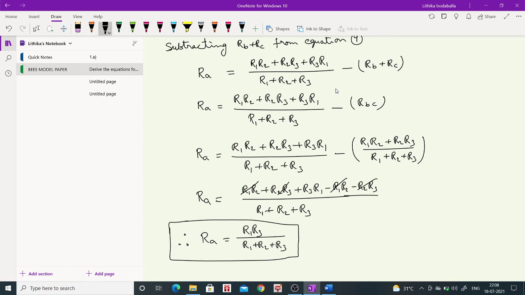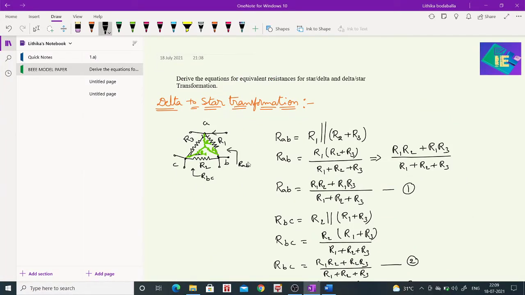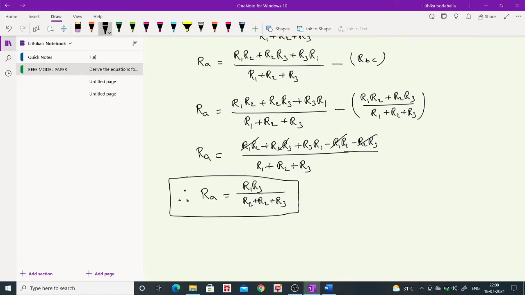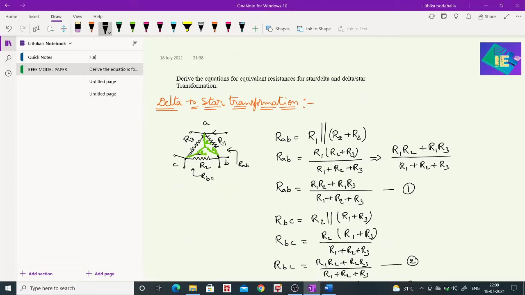So see here, we are converting delta into star. In the delta, the resistors are R1, R2 and R3. If I convert that into star, how will you get the resistance RA? RA will be R1 R3 by R1 plus R2 plus R3, means the multiplication of these two edges R1 R3 divided by the sum of all the resistances R1 plus R2 plus R3 gives you RA.